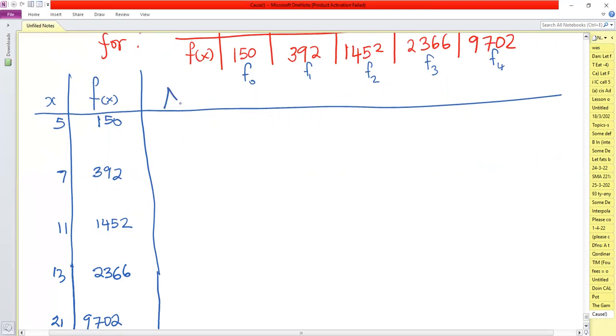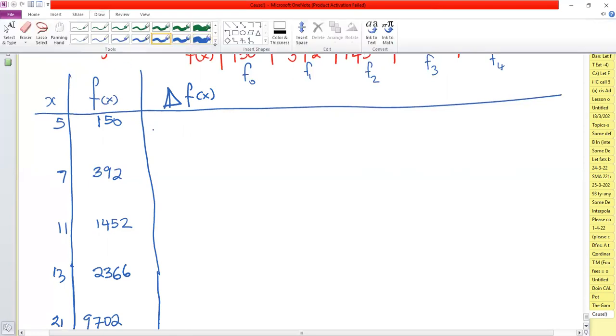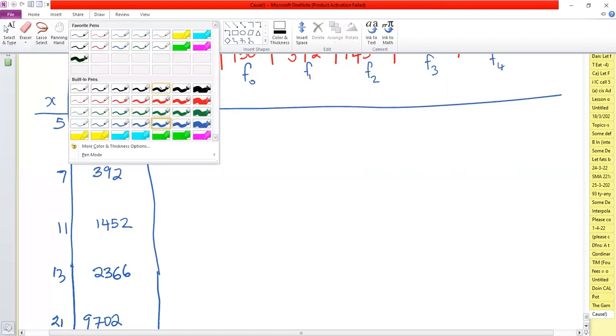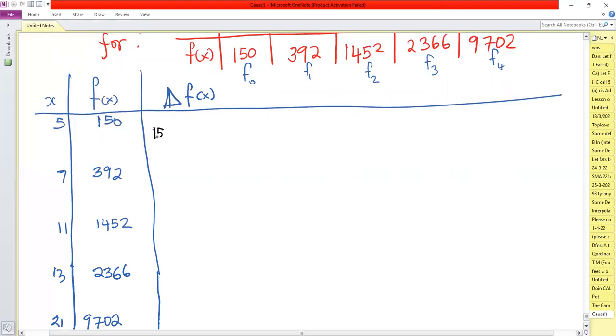So this is where we define the first divided difference of the function. To define the first divided difference, it will be 150 minus 392 divided by 5 minus 7.